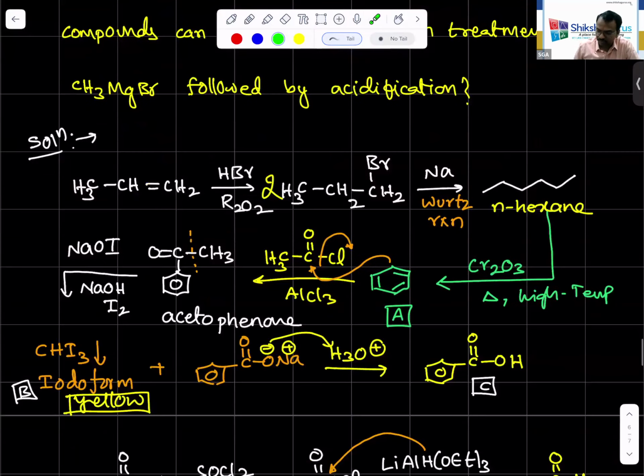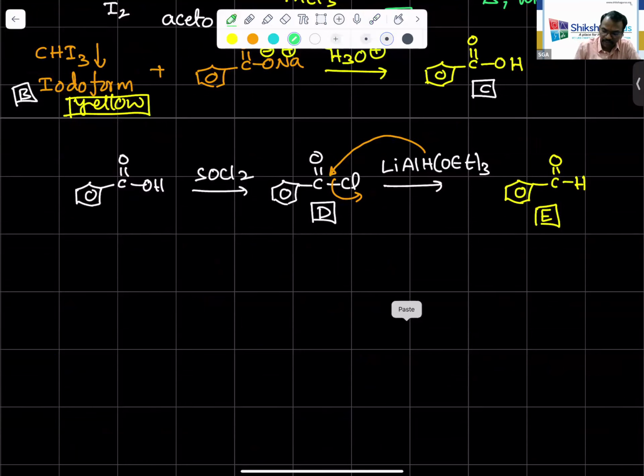Therefore, here it is benzaldehyde. Now benzaldehyde is treated with silver oxide. Simply we can say it is Tollens reagent. What is Tollens reagent? It is ammoniacal silver nitrate.